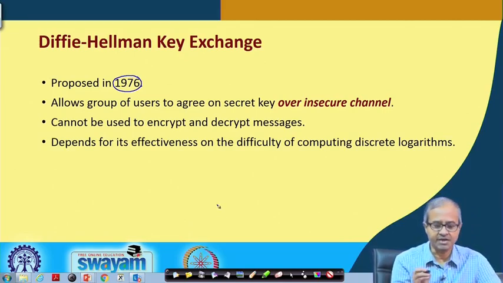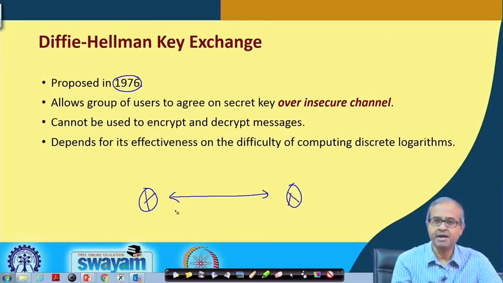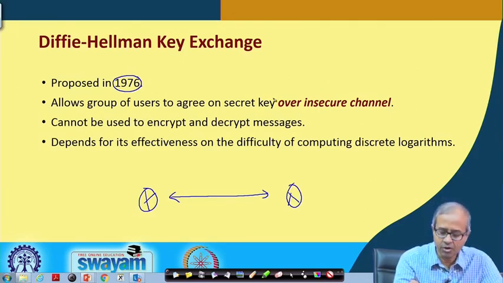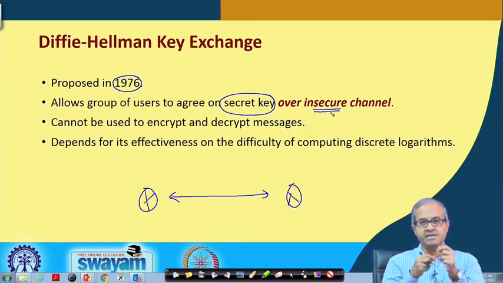Here the idea is that two parties can exchange a set of messages and finally agree on a secret key, and this channel over which they are exchanging is assumed to be insecure. Insecure means the hackers may be able to hear whatever is going on. So you should not be sending something using which the hacker will be able to know what secret key we are finally agreeing on.